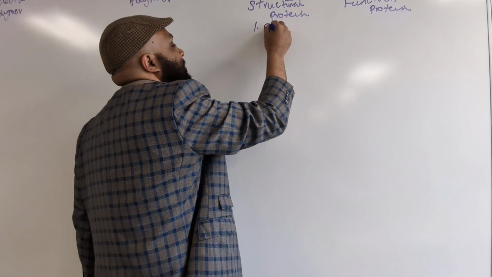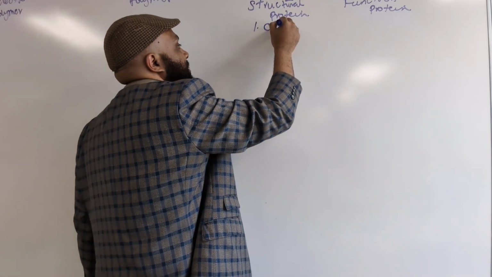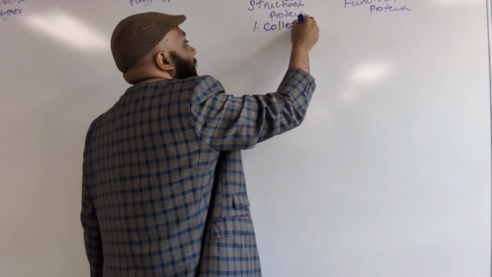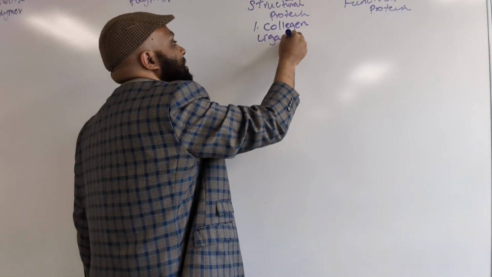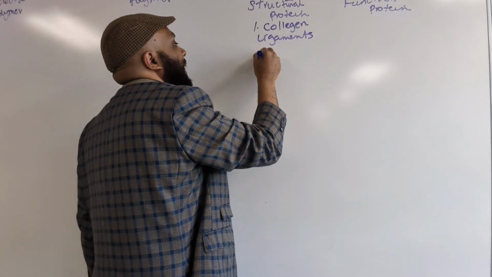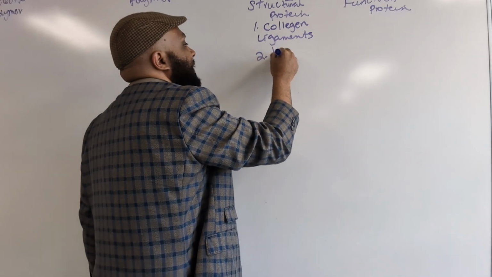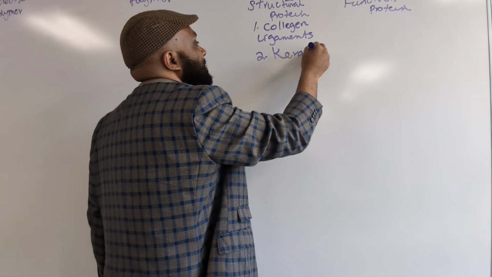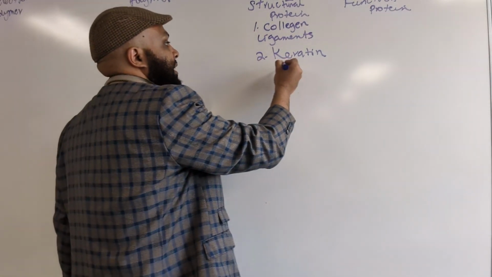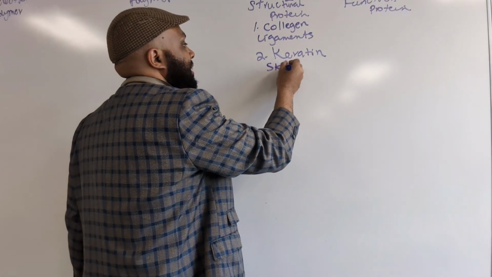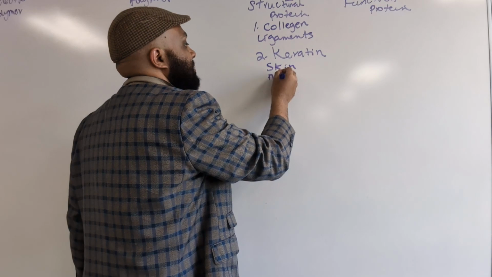So that's the first example of structural protein. And where is collagen found? It is found in the ligaments of the bone. And secondly, we have keratin. That's another type of structural protein. And keratin is found in the skin and the nails.